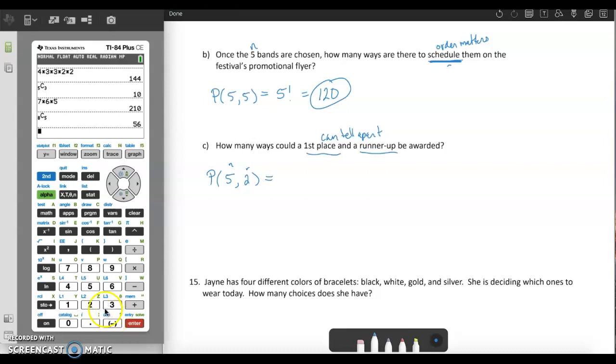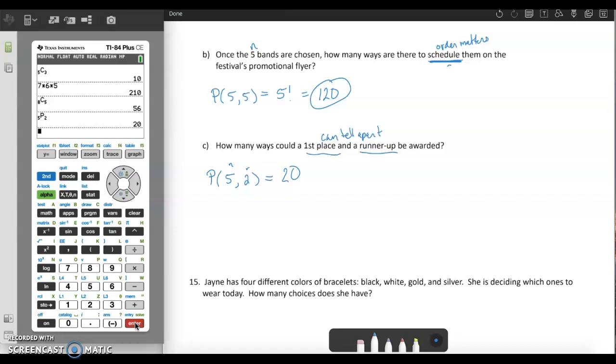So again, I'm going to do it in the calculator this time. I'm going to do 5 and then math, probability, this time number 2 and 2. So it looks like 20 different ways to decide on a first place and a runner-up.